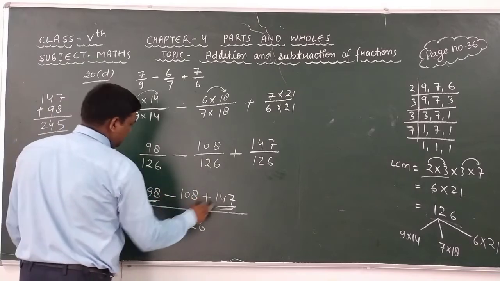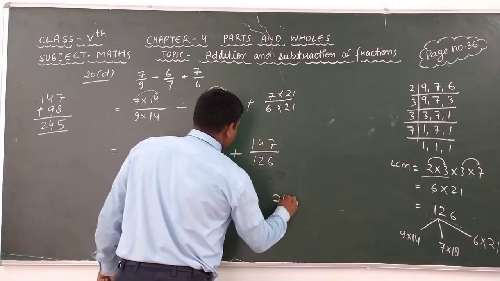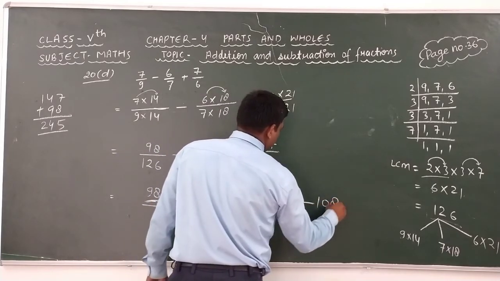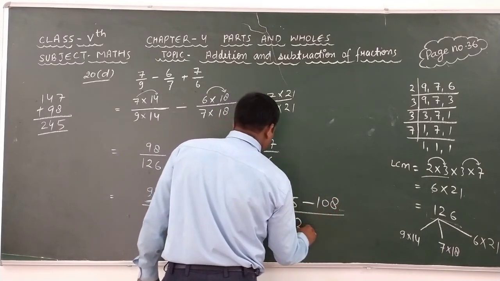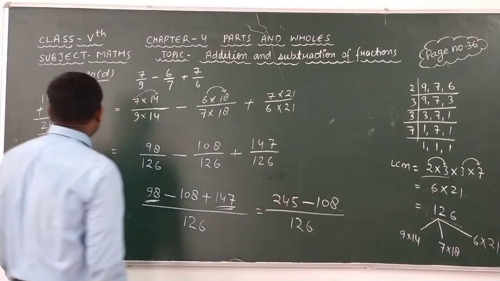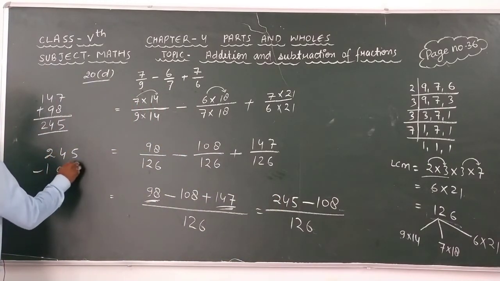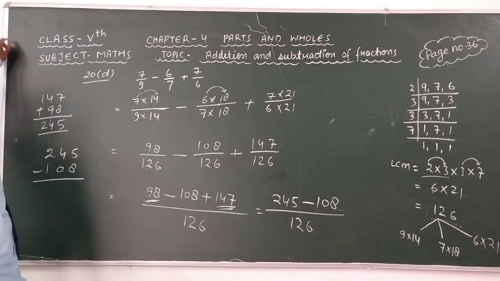After adding, here we get 245 minus 108 over 126. After subtracting these, we get 245 minus 108. Okay, students, look here carefully.